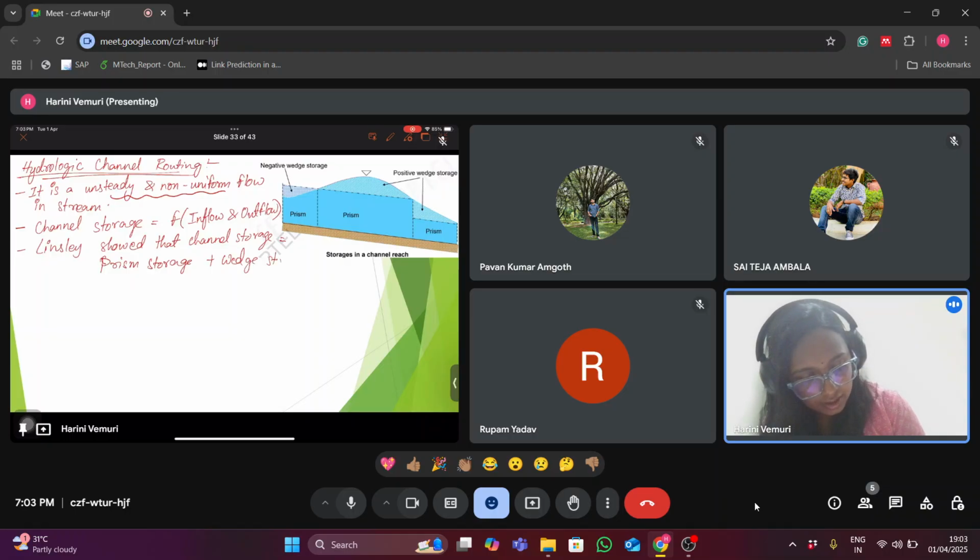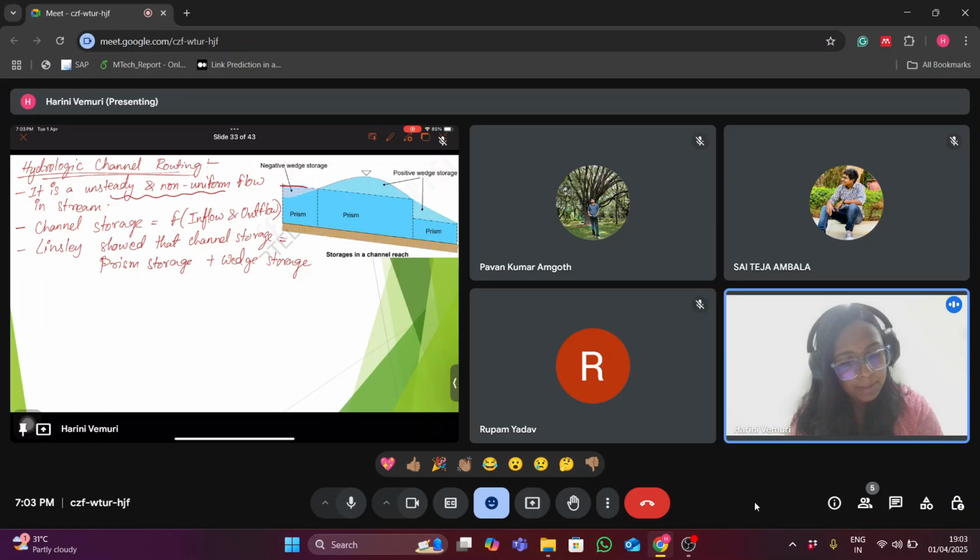So here if you see prism, to get the prism storage we draw a line parallel to the bed. Okay, so at a fixed depth, we will draw the line, and whatever volume is falling within that will be the prism storage. So the prism storage will be fixed throughout because this will be the volume between these two lines which are parallel.